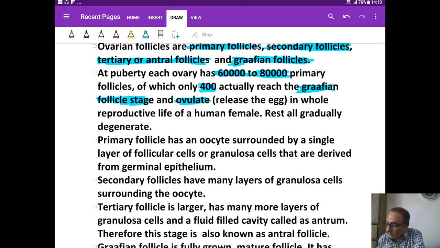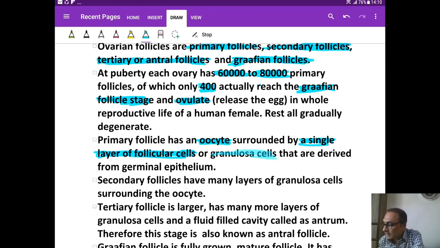Okay, now let us take up the next point. Primary follicles. If you take up the primary follicle, it has one oocyte which is surrounded by a single layer of follicular cells, or what we call granulosa cells.